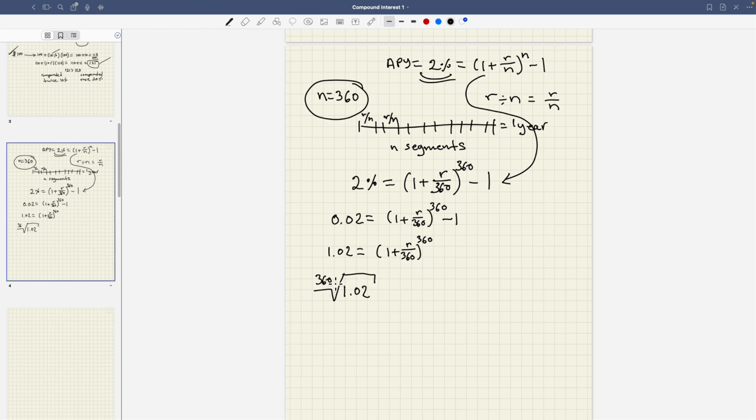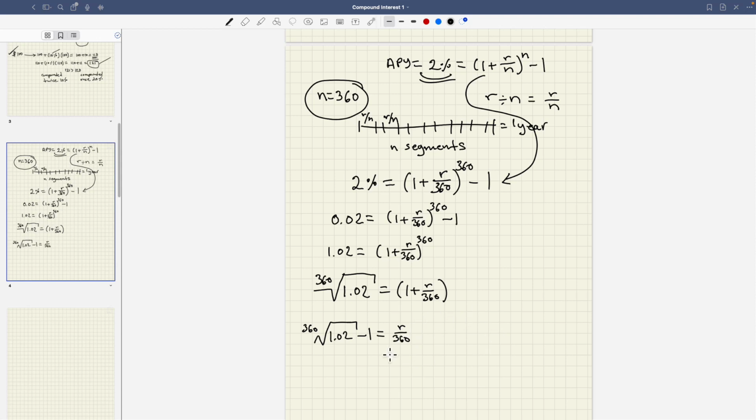I apply it to both sides, and so I get rid of the exponent and just have the parenthesis by itself. Now I can subtract 1 from both sides, so it becomes the 360th root of 1.02, minus 1, equals R over 360.